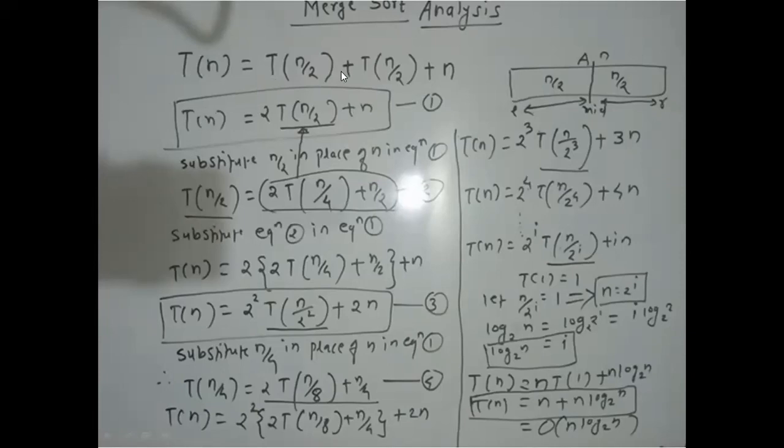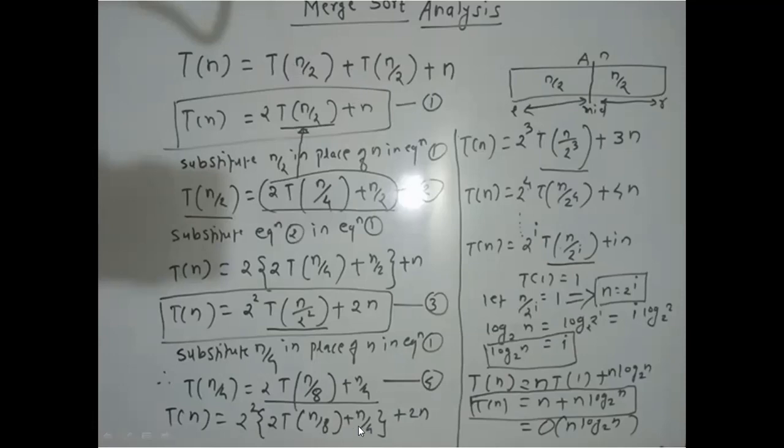Here n is a power of 2. For example, here is the example for n a power of 2. Then the recurrence relation for the number of key comparisons is, if n is a power of 2, T of n equals T of n by 2 plus T of n by 2 plus n.